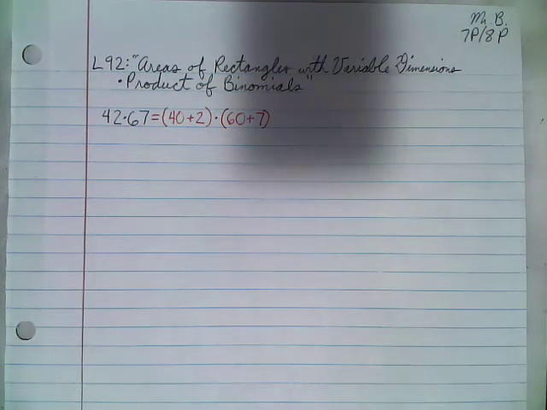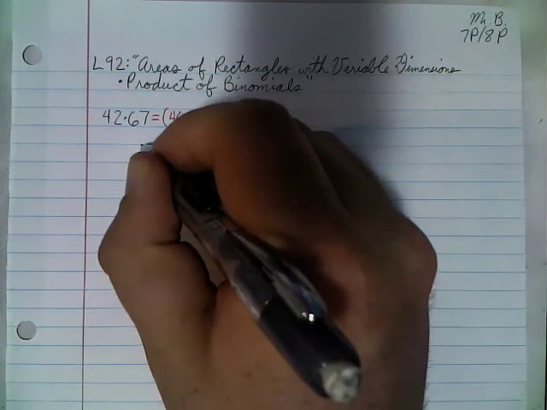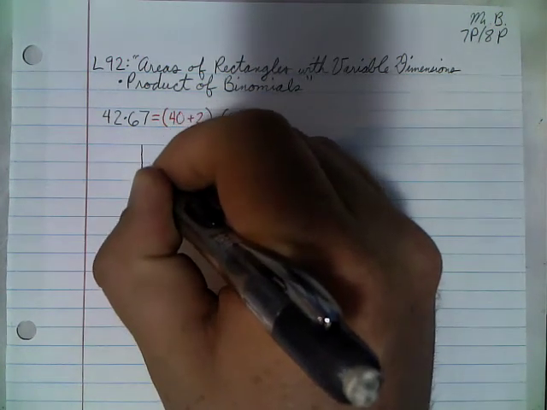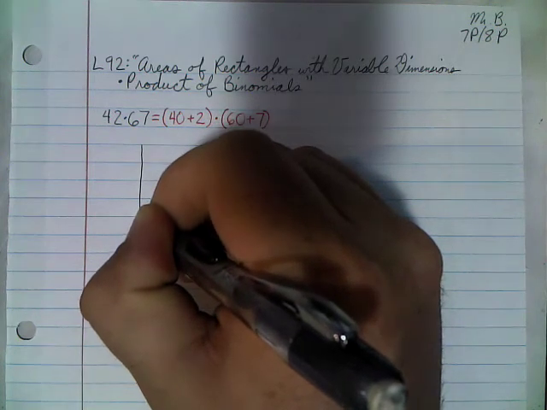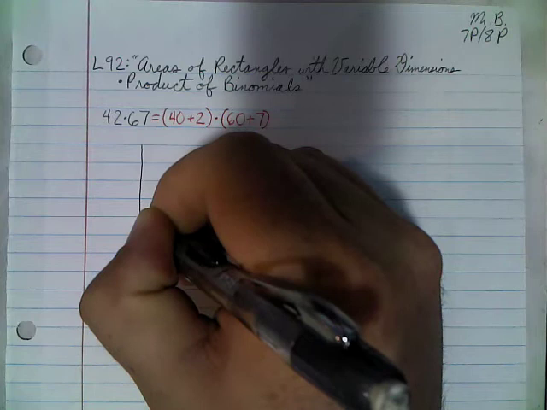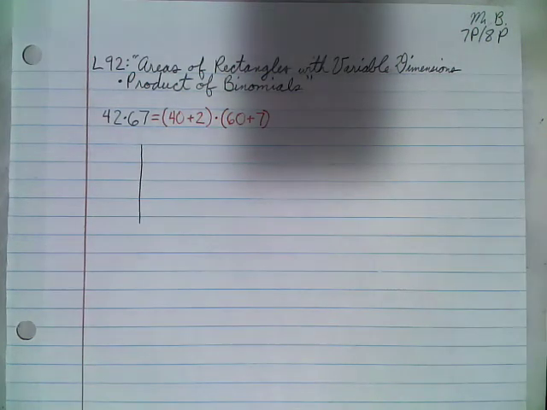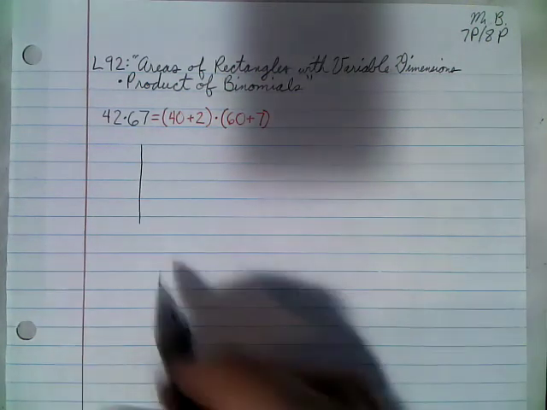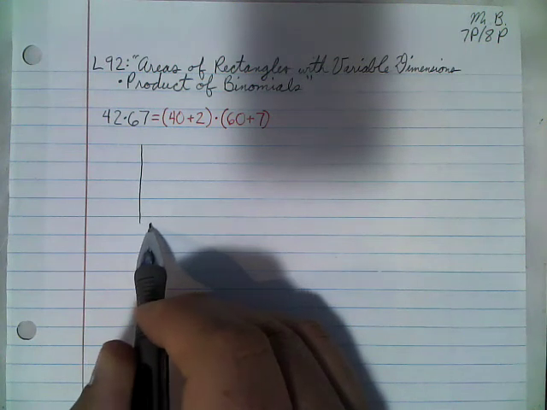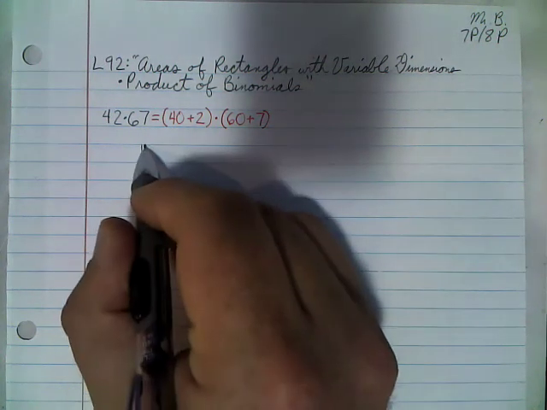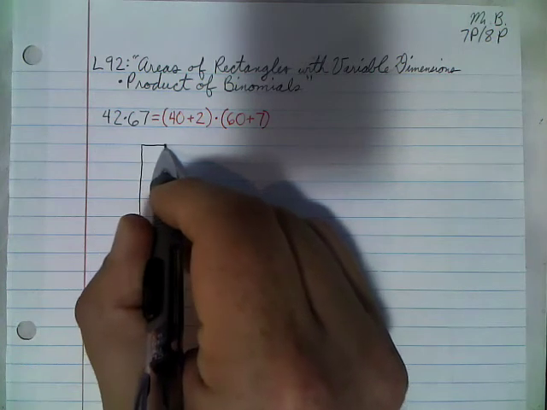So ladies and gentlemen, if I now imagine a rectangle, I'm going to go down 4 spaces here, and then go down a little more, a little closer to halfway there. And then I'm going to come across here.